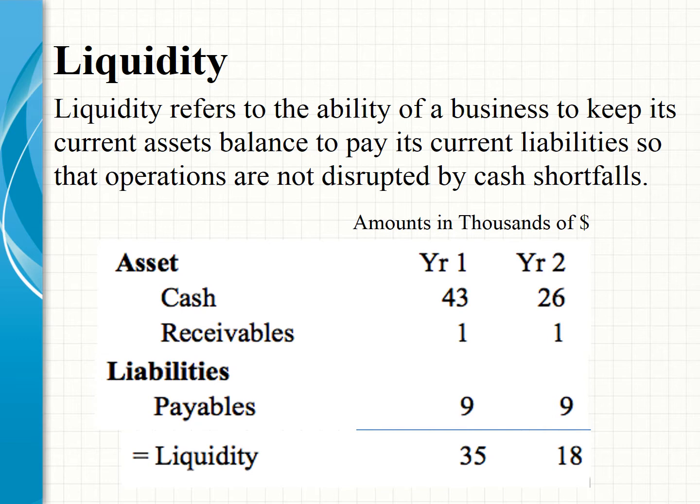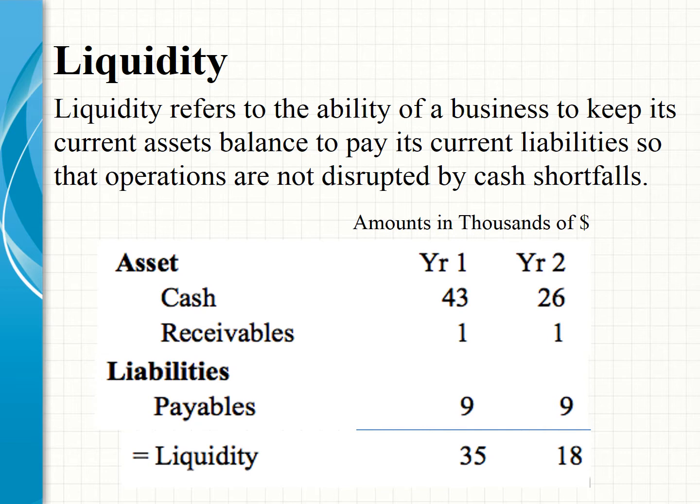In this example, the current assets are cash and receivables. The current liabilities are payables. Please look at year 1 and year 2 in this example. In year 1, total current assets are $44,000: $43,000 in cash plus $1,000 in receivables.